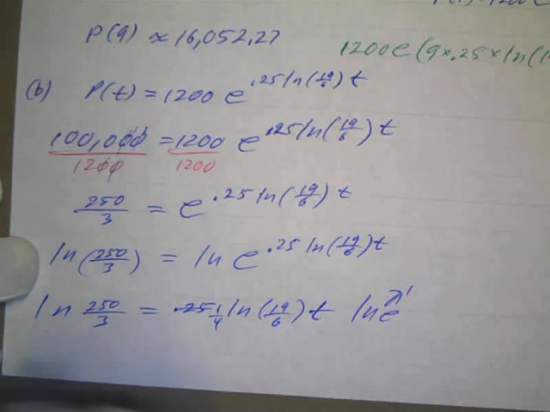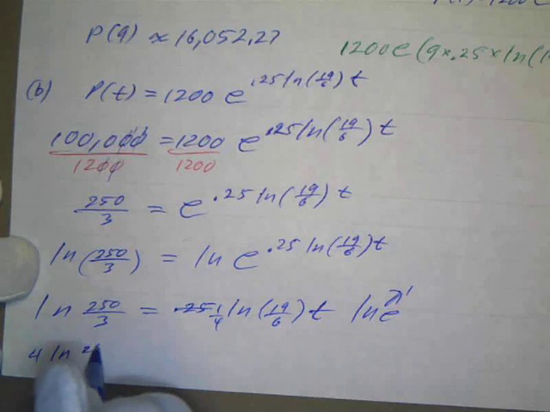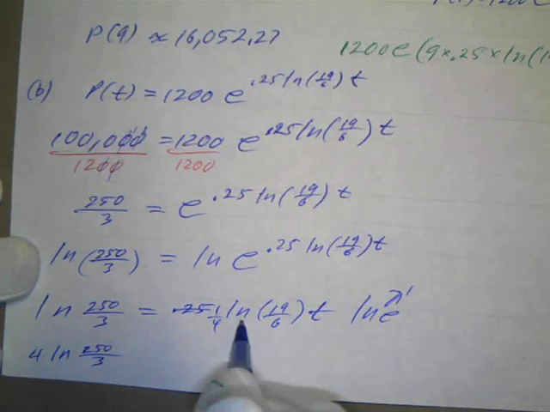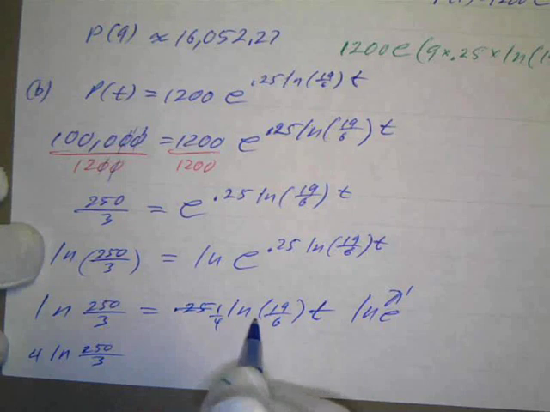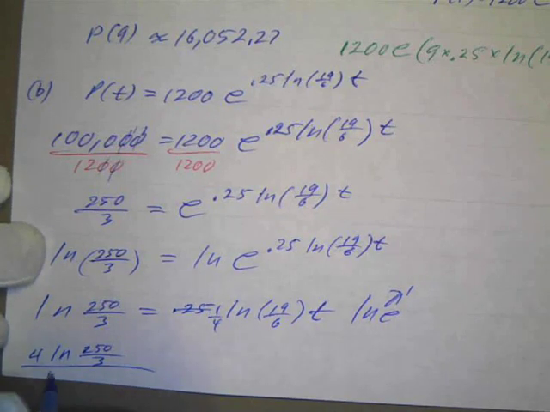I've got 4 times the natural log of 250 divided by 3. All right, and I'll divide by natural log of 19 over 6, and that equals t.